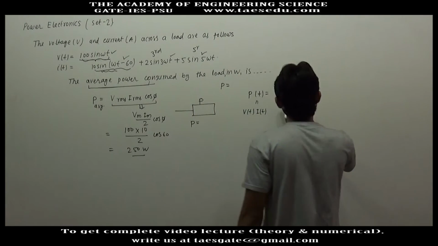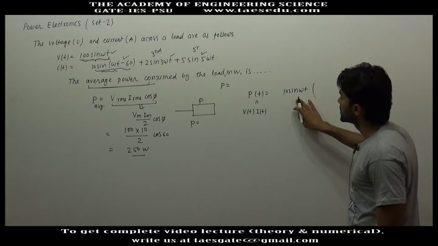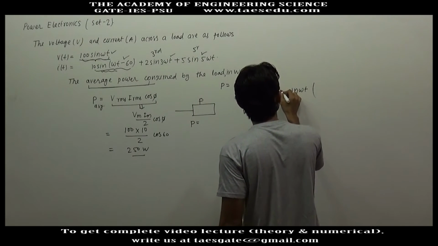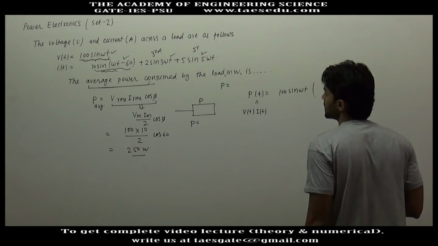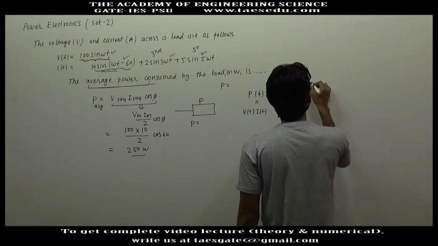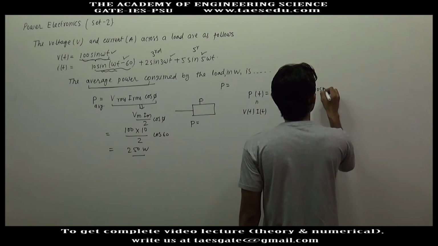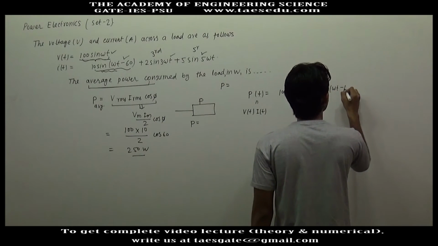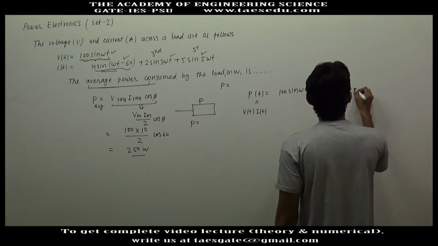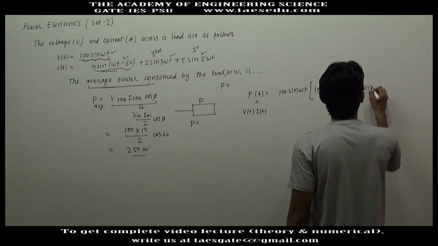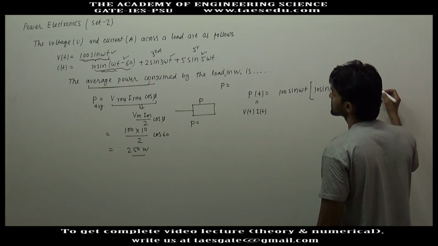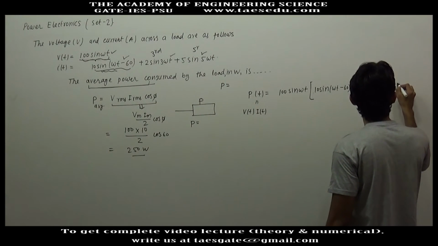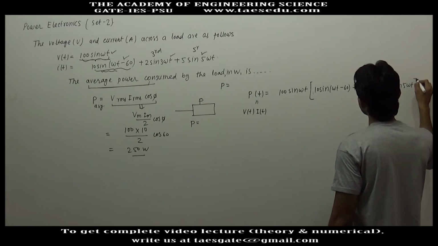So Vt is 100 sin omega t and It is 10 sin(omega t minus 60) plus 2 sin 3 omega t plus 5 sin 5 omega t.